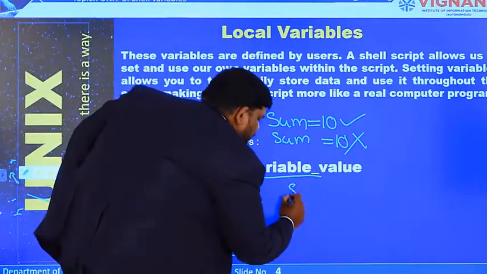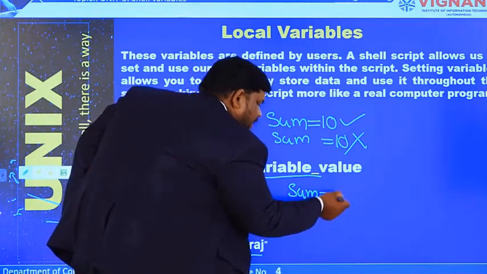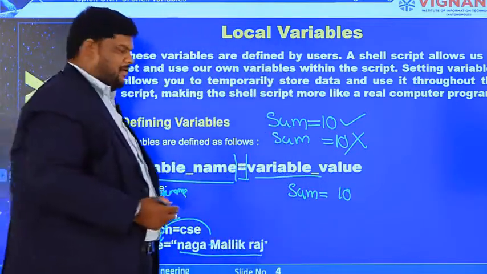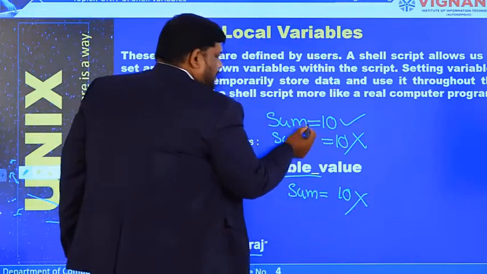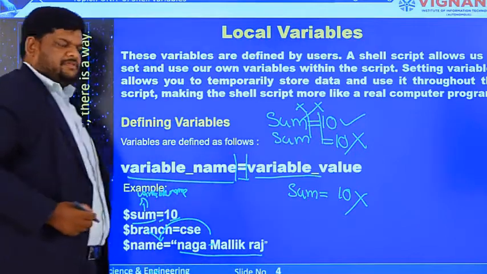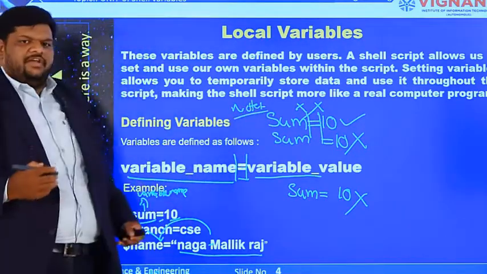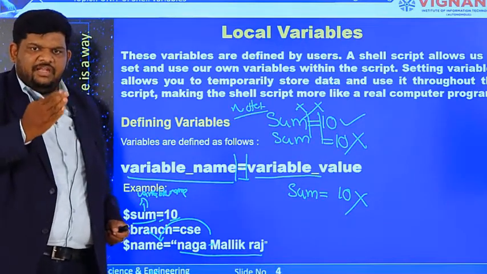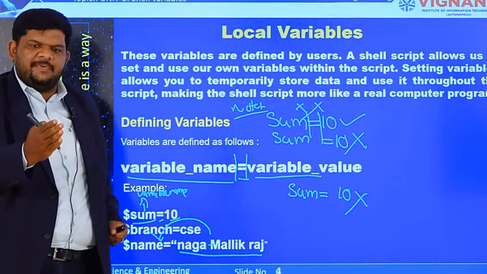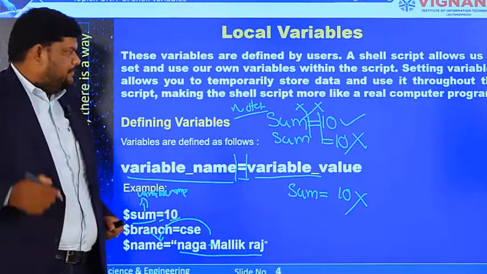Or the variable name without any space is equal to, and if white space is provided after the is equal to, this is also wrong. So we have to write without any white spaces before and after the is equal to. Variable is equal to value.